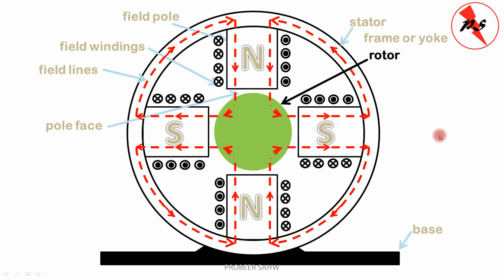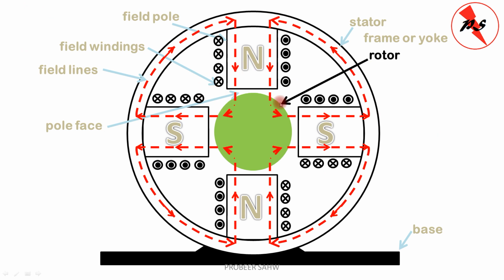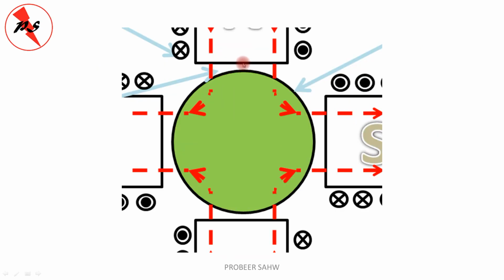Now notice, if we enlarge this figure, we'll notice that at this point the air gap is small. The air gap between the field poles and the rotor is small, whereas at this part the air gap between the field poles and the rotor is large, which creates a problem because the more the air gap, the larger the reluctance.